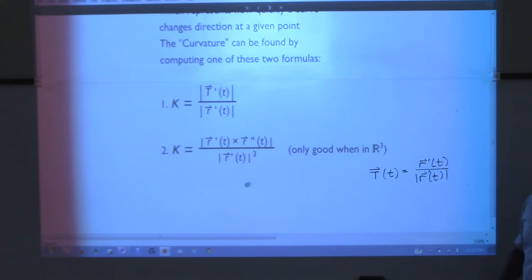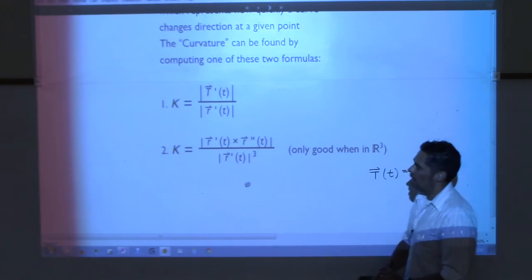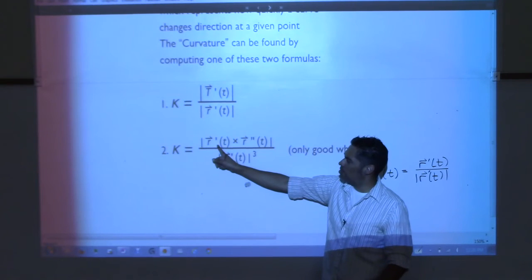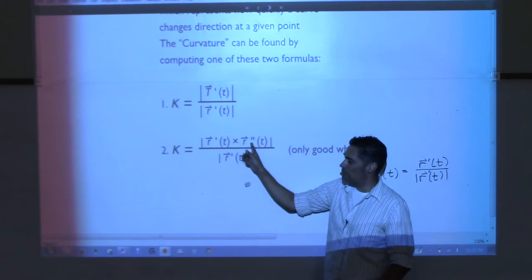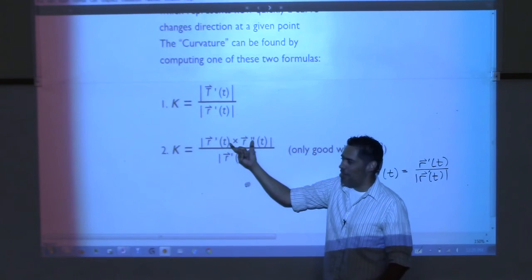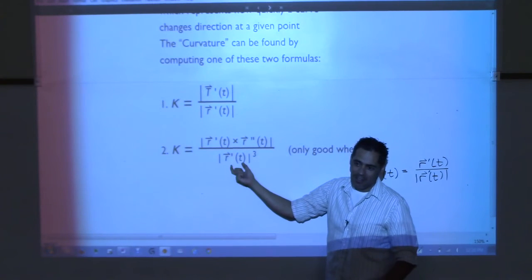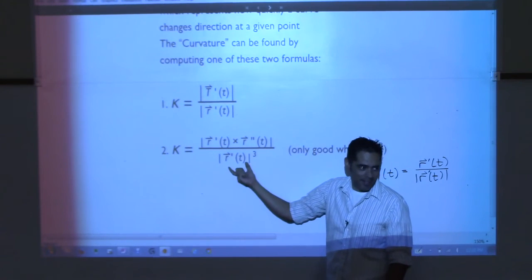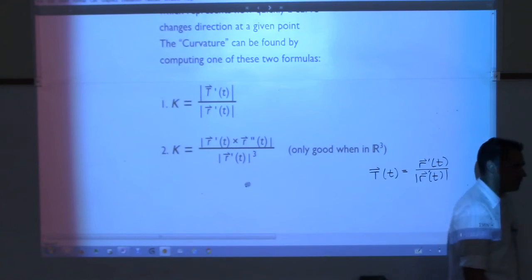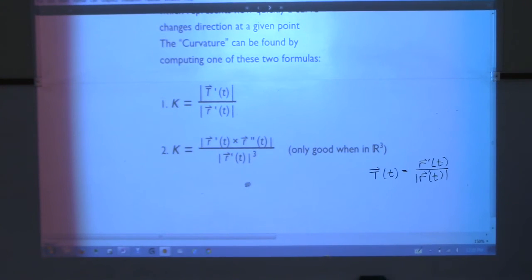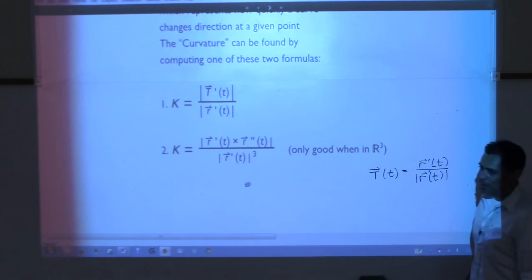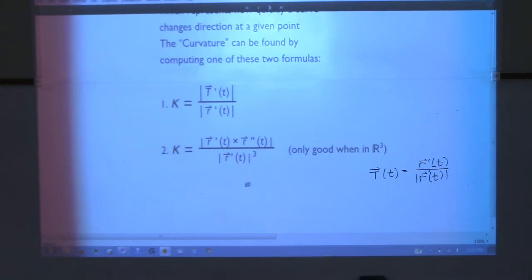The other formula is this one. You take the first derivative of the position function, you cross it with the second derivative, you take the magnitude of that vector and you divide it by the derivative of the vector function, take its magnitude and cube it. Your choice. They both look nasty, don't they? So the natural question I get from students is, which one should I use? Number 1 or number 2?